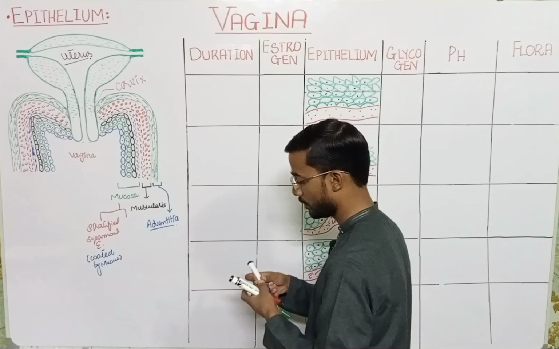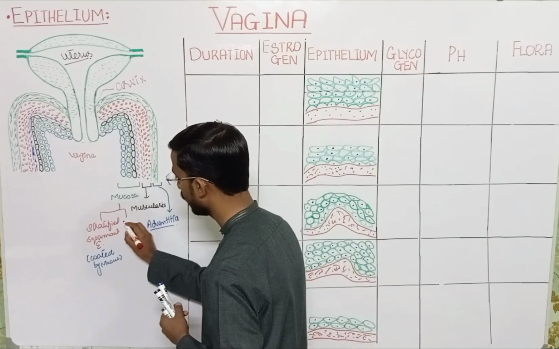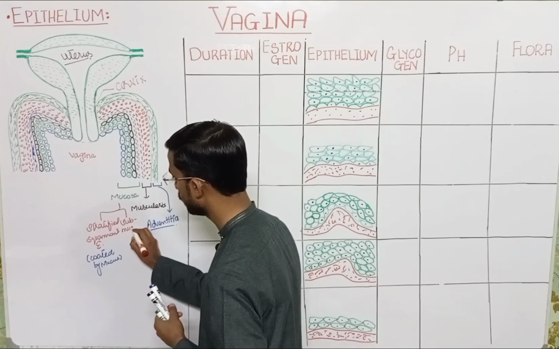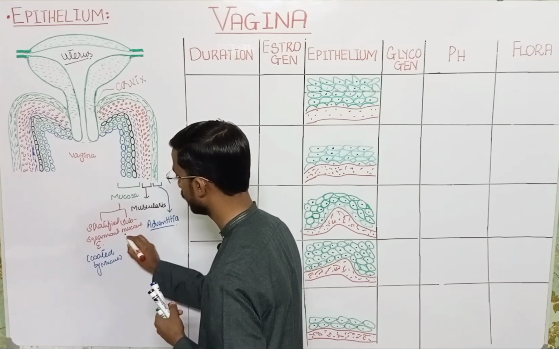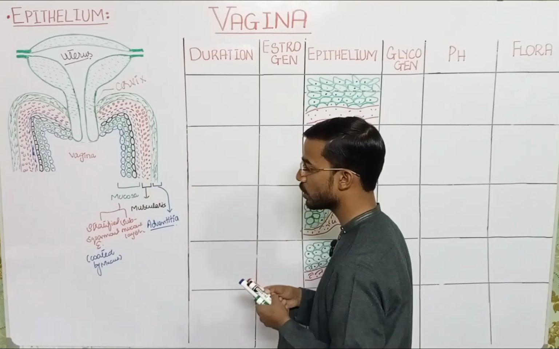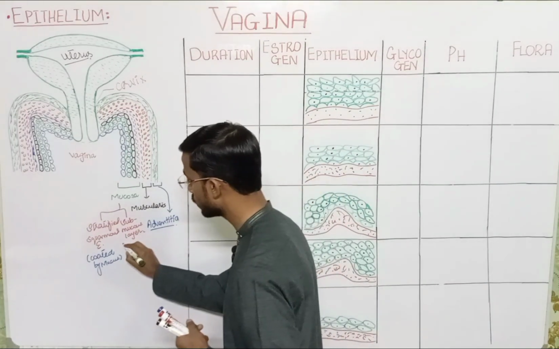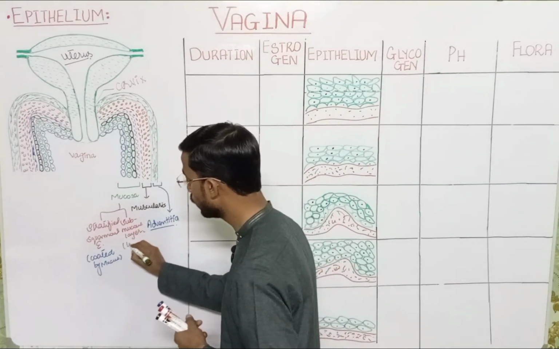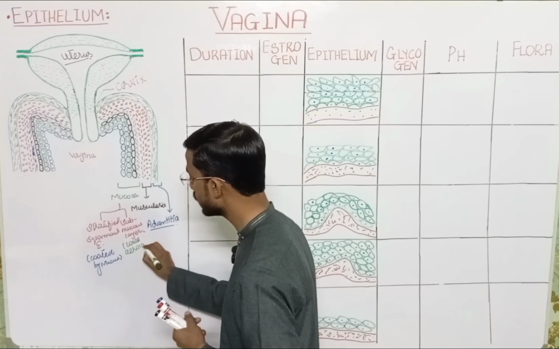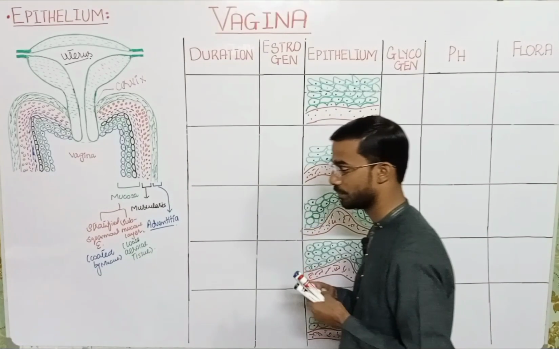And next you will see the submucous layer, and this layer is composed of loose areolar tissues.